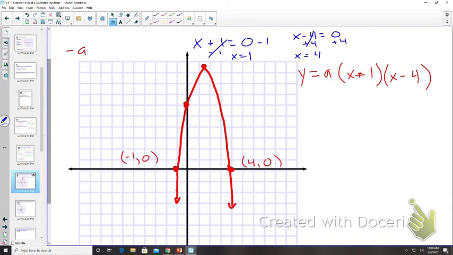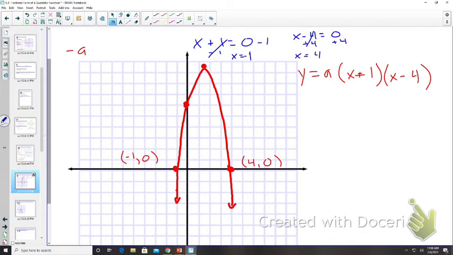Okay, so now that we have our x-intercepts, so that's step number 1, find your x-intercepts. Step 2, we're going to write it in factored form, which we did. Step 3, we're going to find a by subbing in a known ordered pair.